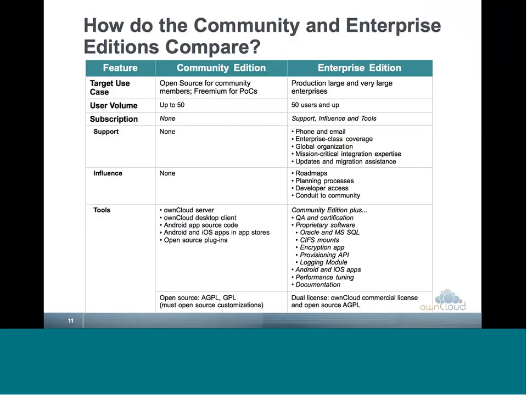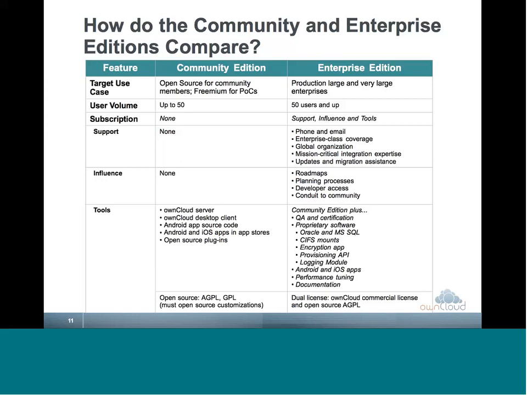And guys, this is always something that I like to cover at the very end because it's something we get a lot of questions about. People will come to us and ask the ownCloud sales rep, what's the difference between the community edition and the enterprise edition? The main difference that we've highlighted as part of this presentation is the ability to do things like branding the mobile client and branding the desktop sync client.